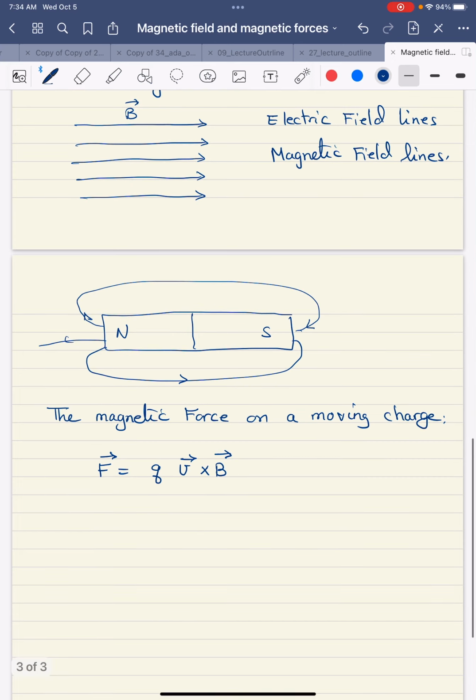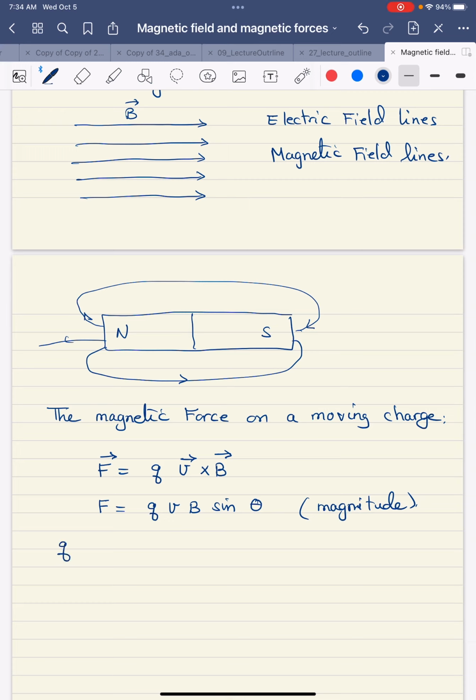Now remember we studied cross product in physics 201, and in this course we said the magnitude is gonna be Q V B sine theta. Then this is just for the magnitude. You can determine the magnitude of the force.